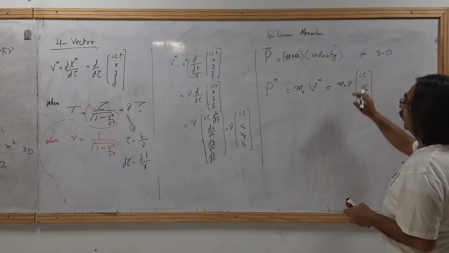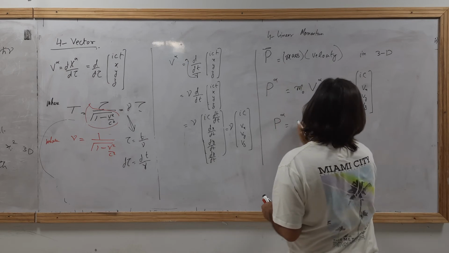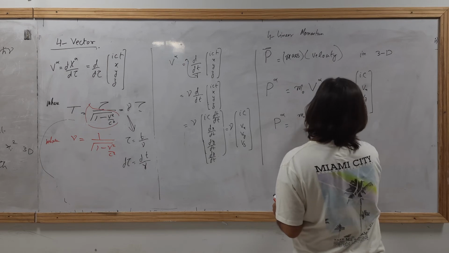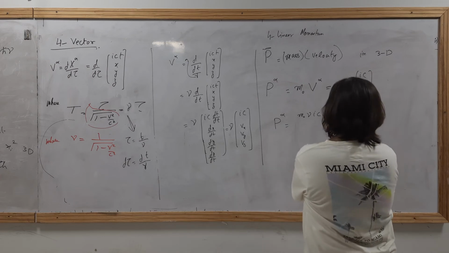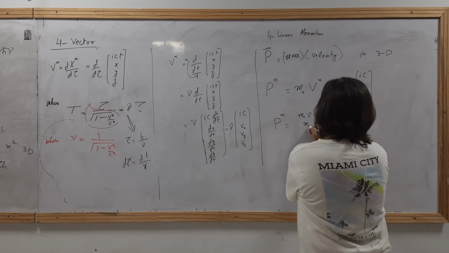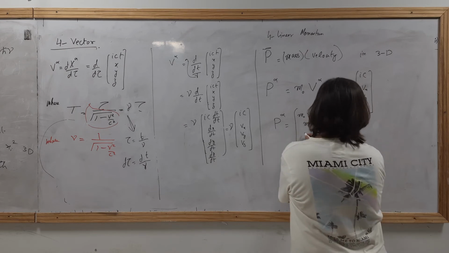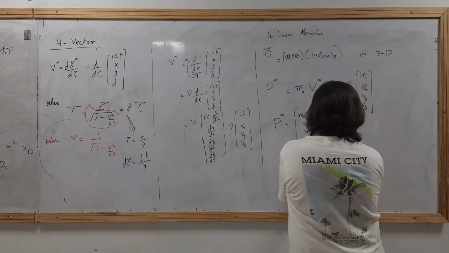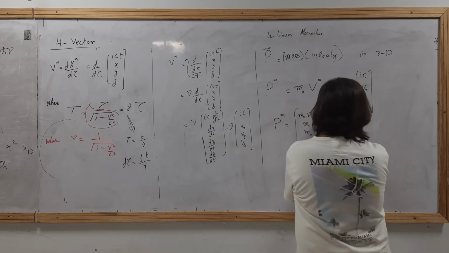Okay. So P alpha is m naught gamma c, and we multiply m naught gamma vx, m naught gamma vy, m naught gamma vz.